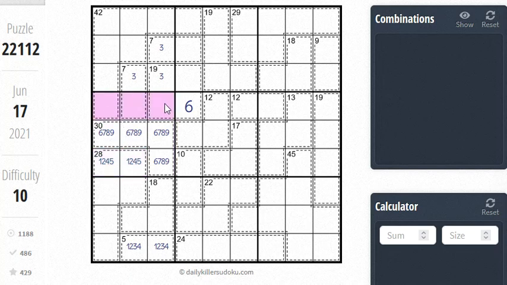Which means there's also a 3 in one of these 2 squares. So this can't be a 3 because we already know that. And we know there's a 3 here, and we know that there's a 3 here. So it can't be both. So that actually forces the 5 square to be a 1, 4.